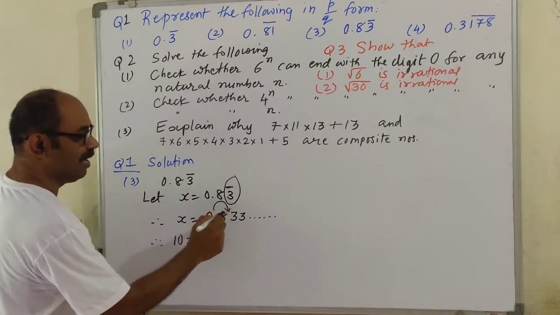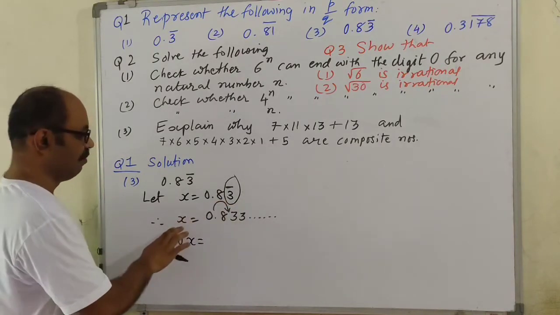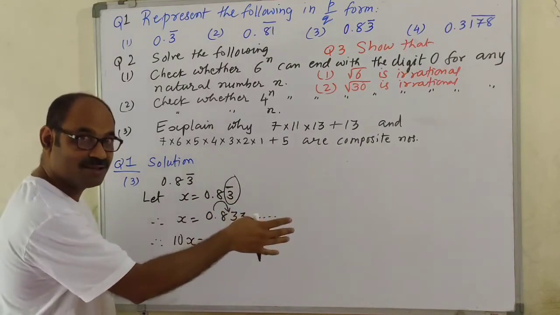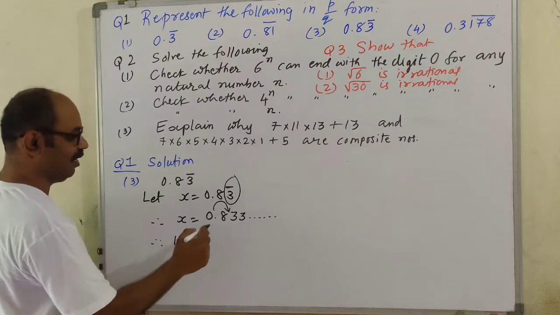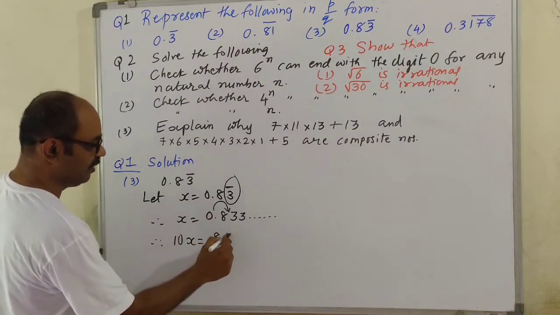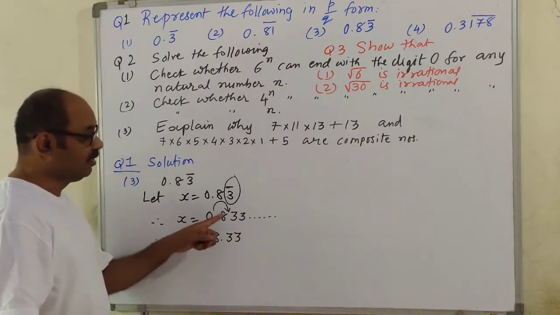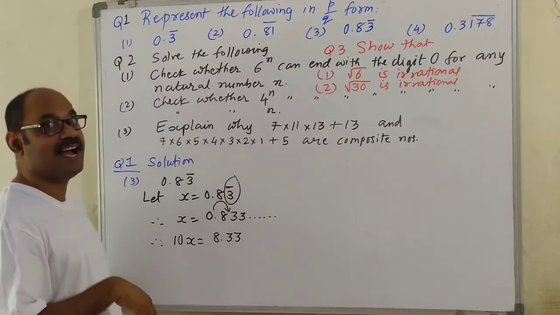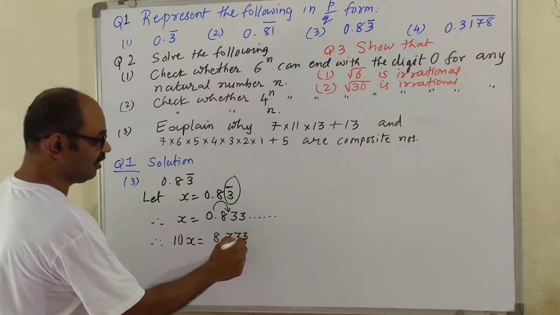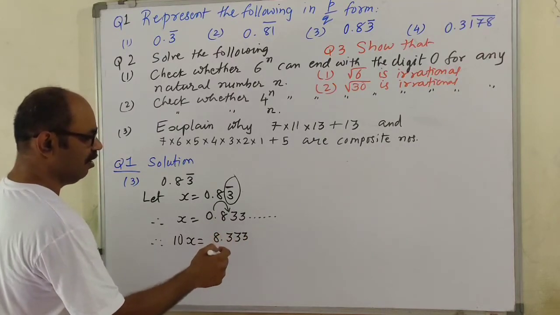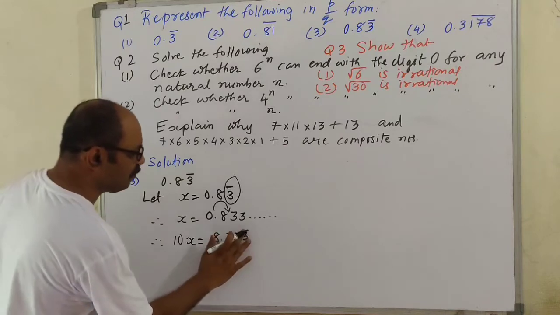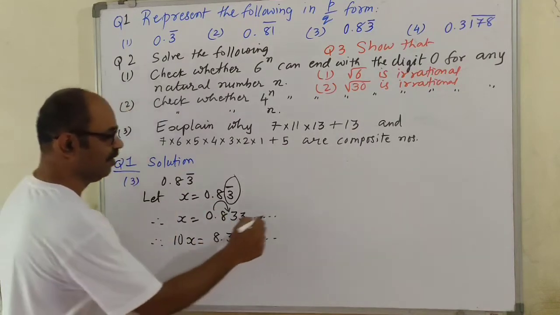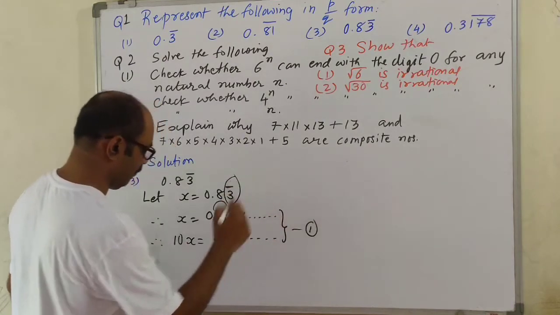If you are multiplying by 10, one digit to the right. If you are multiplying by 100, 2 digits to the right. If you are multiplying by 1000, 3 digits to the right. Are you getting my point? So that will be between 8, 3, 3. इस situation में, आपको एक digit extra लिख देना है. Even if you don't write, doesn't matter, subtraction के वक्त थोड़ा adjustment कर लेना. So this I am going to call result 1.